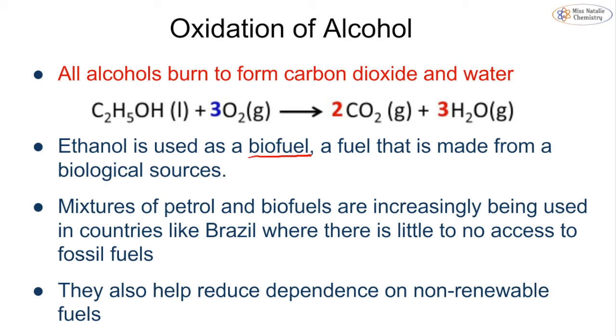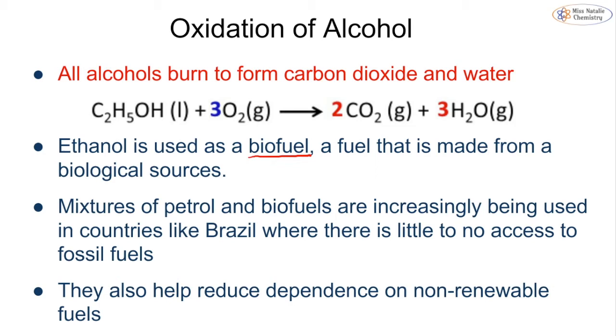So mixtures of petrol and biofuels are being used more and more often in countries like Brazil, where we don't actually have a lot of access to fossil fuels. So we know from what we learned about crude oil that petrol is one of the fractions from fractional distillation. Now, when we don't have easy access to this, like in countries in South America or potentially countries in Oceania where there are islands and they're not very easy to get a hold of fossil fuels, then we can use things like biofuels because it helps reduce this dependence on non-renewable fuels.